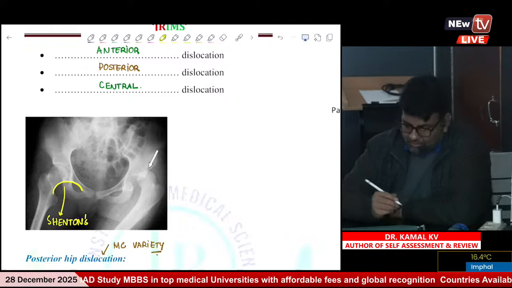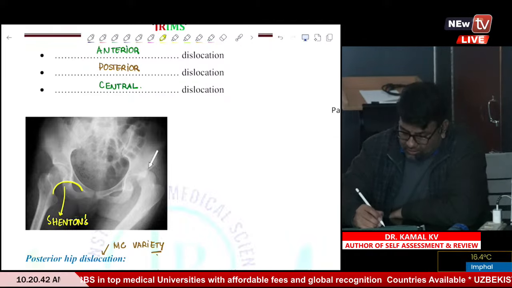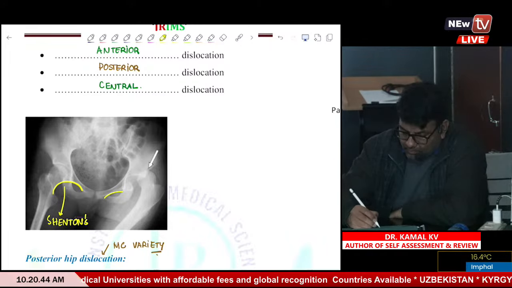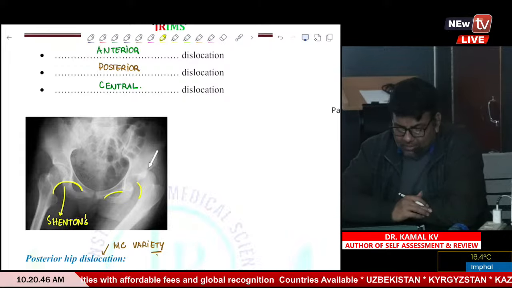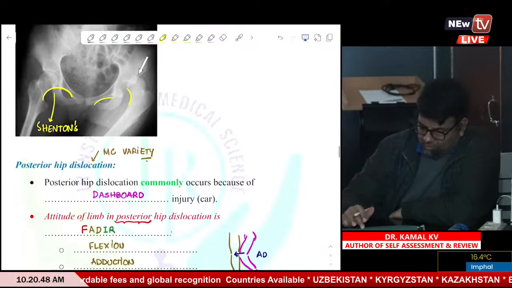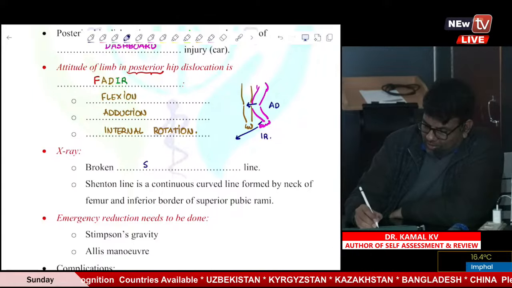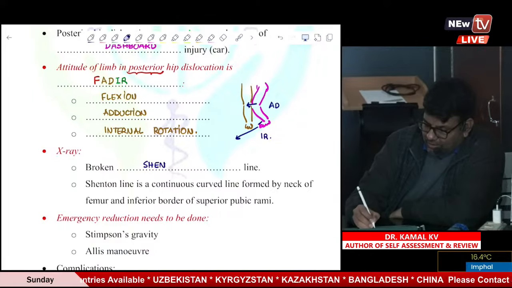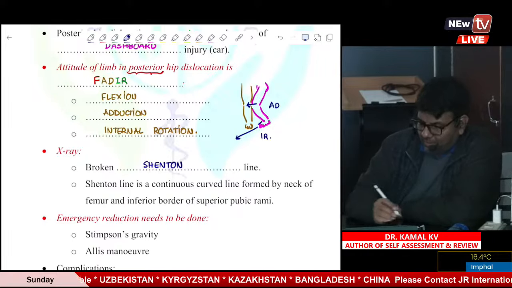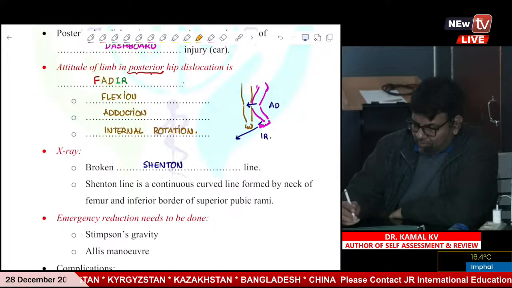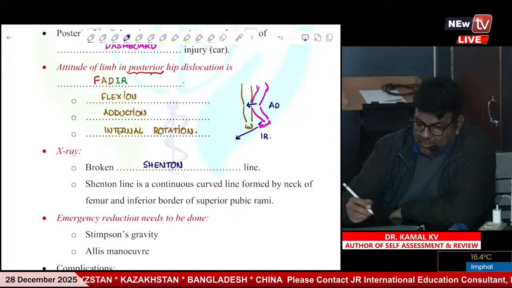Okay. Now look on the other side. The Shenton's line is broken. So one of the important features is a broken Shenton's line. And remember, this is non-specific.